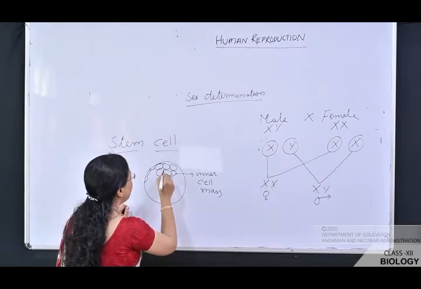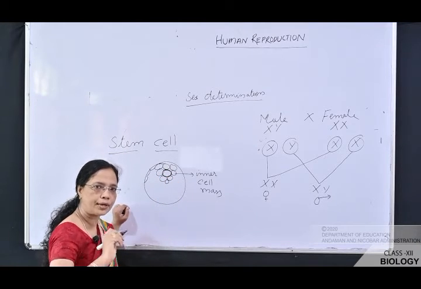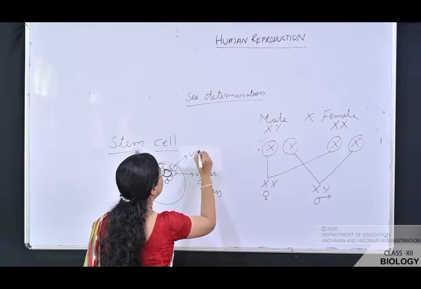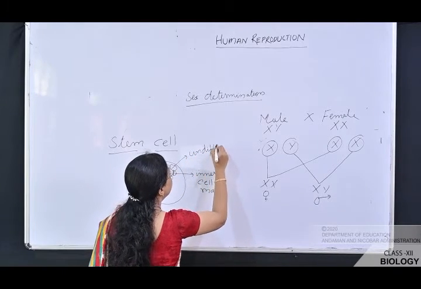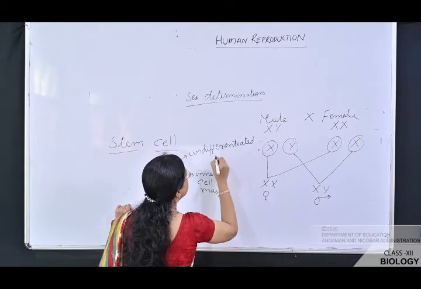Sometimes some of the cells of this inner cell mass do not undergo any differentiation. So we can write them as undifferentiated cells.